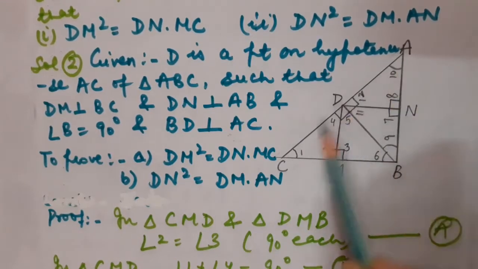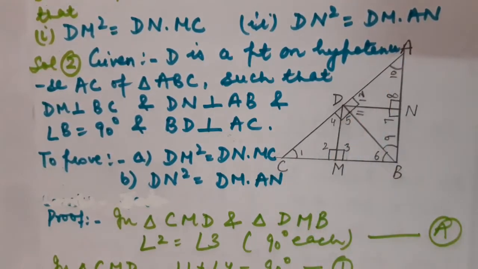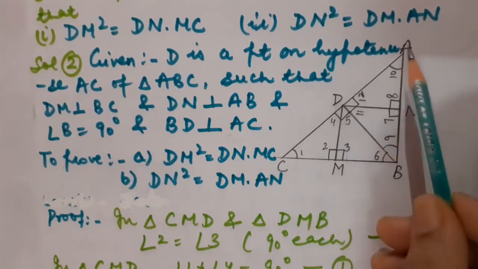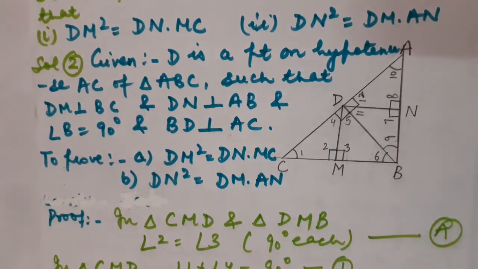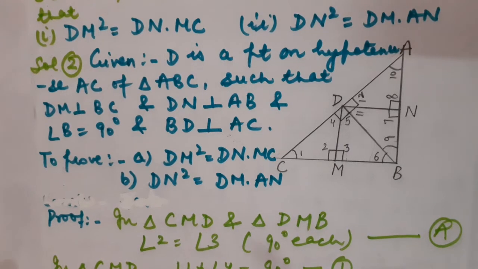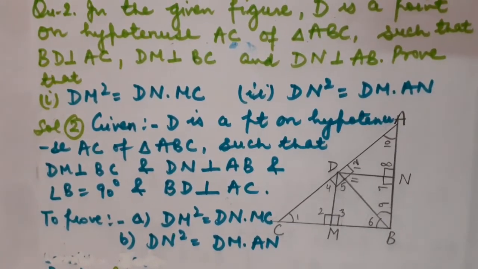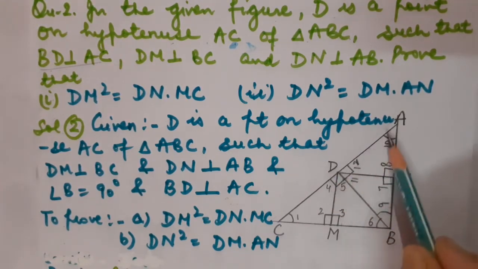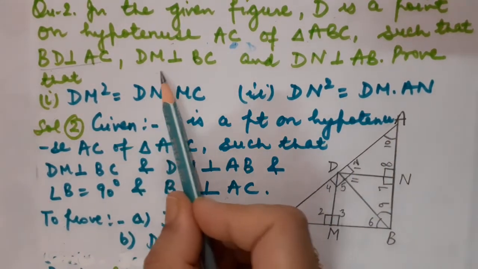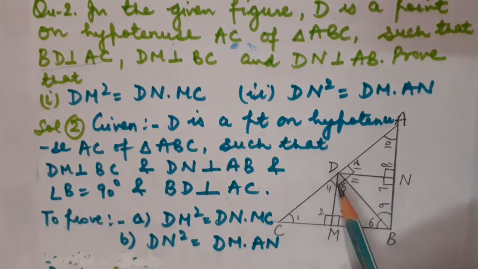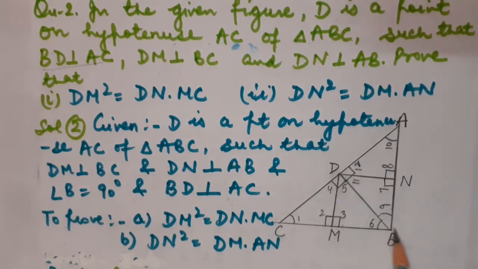D is a point on hypotenuse AC of right angle triangle ABC, which is right angled at B, such that BD is perpendicular to AC. This is BD. Means BD is perpendicular to AC and DM is perpendicular to BC.